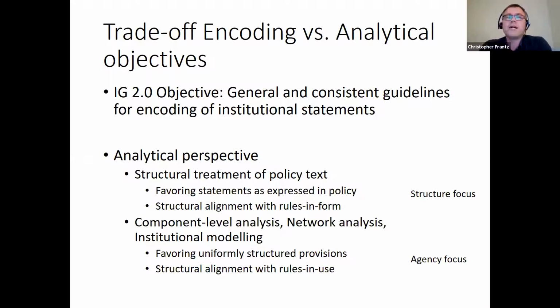But calling out examples for analytical perspectives, one might be more interested in actually looking at the structural properties of the text more immediately. That is, statements as they are expressed and related, meaning the policy as subject to study, so having a structural focus. And in contrast, the analytical perspective could be, as it is in many publications related to the original institutional grammar, focused, for example, on network analysis or reconstruction of the institutional setting in simulations, if you like.